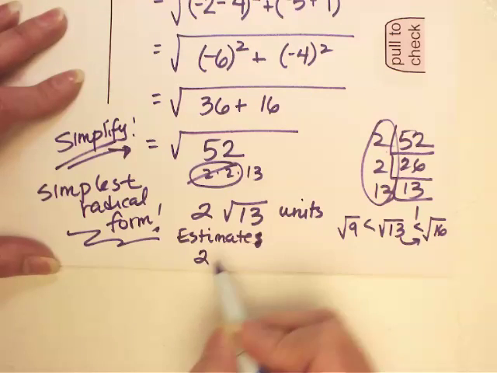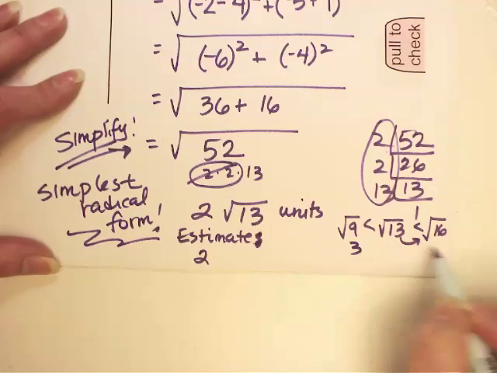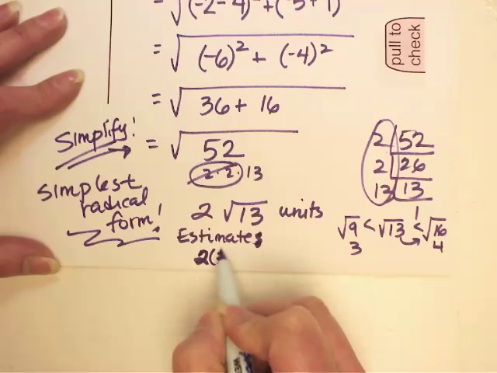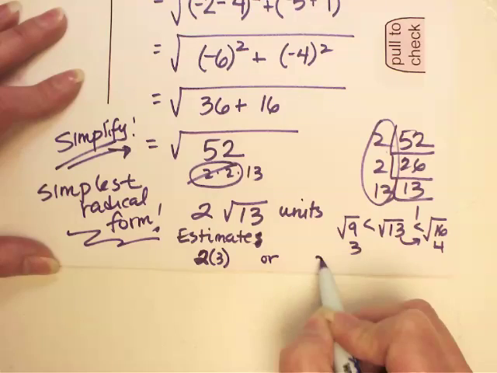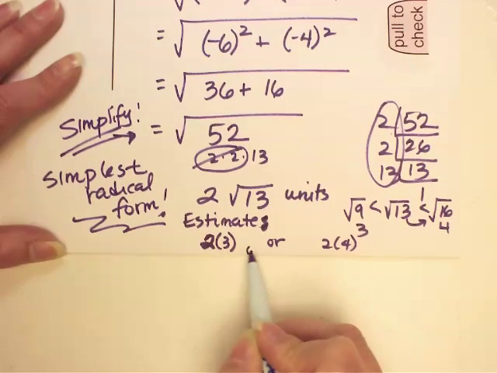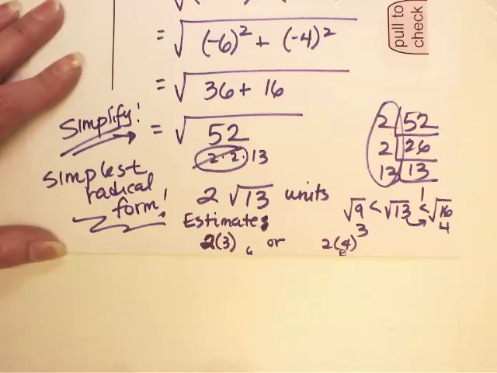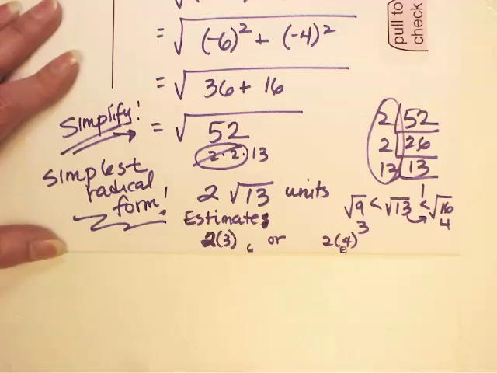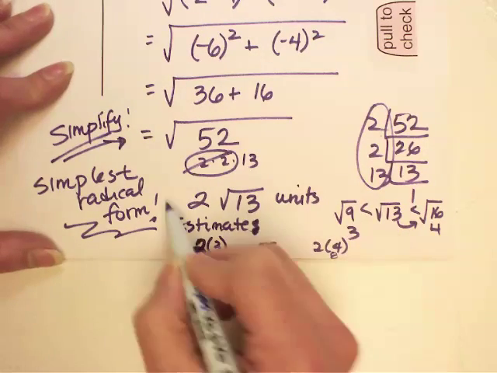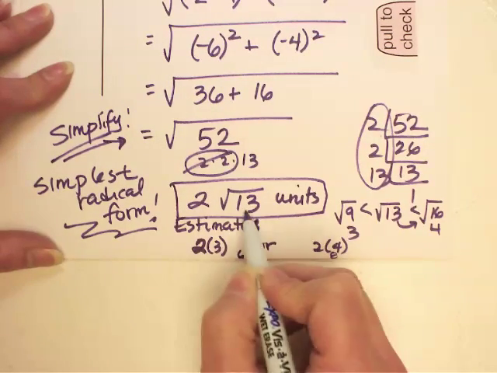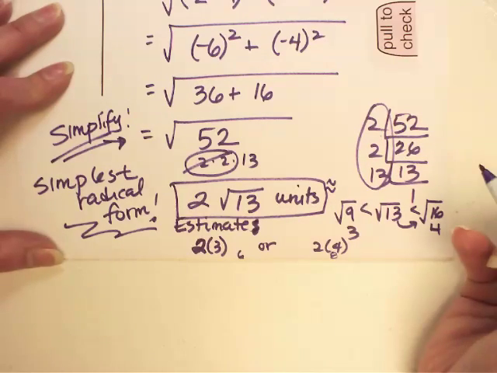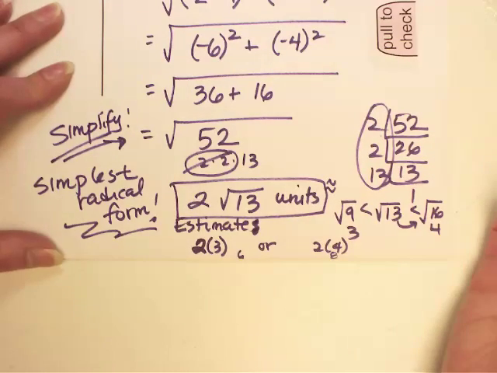So I know it's either going to be close to 2 times 3 or 2 times 4. We know it lies somewhere in between, so it's either going to be 6 or 8. And I would say my closest estimate at this time would be somewhere near 8. So if I had to estimate, I would say that 2 square root of 13 could be somewhere close to 7, could be 8.